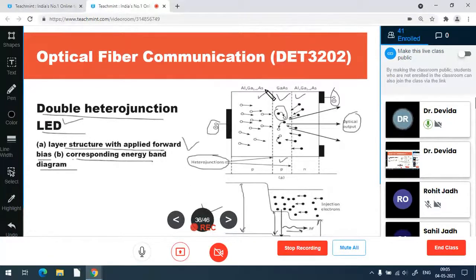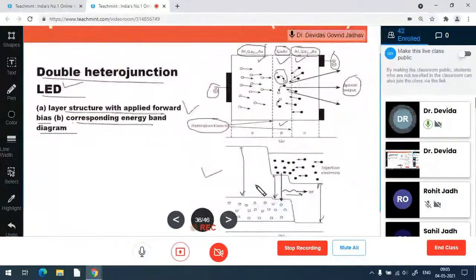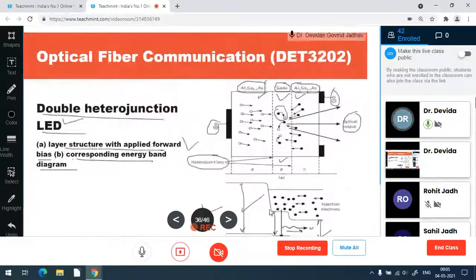This refractive index variation is done with the material constituent used, GaAs or AlGaAs, for Al(x)Ga(1-x) and Al(y)Ga(1-y). That proportion is changed to change the refractive index and the band gap energies of the alloys. The same thing we have discussed in the laser, and it is applicable here in the LED also. Double heterojunction theory.